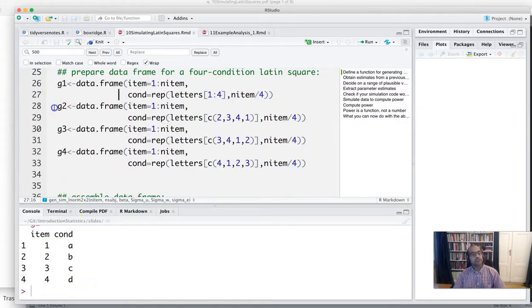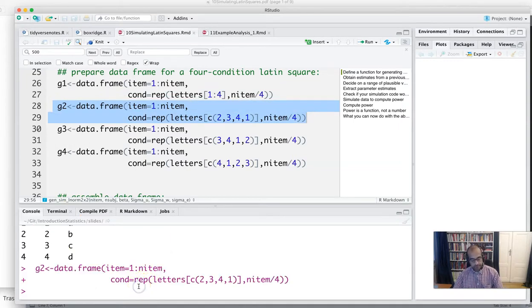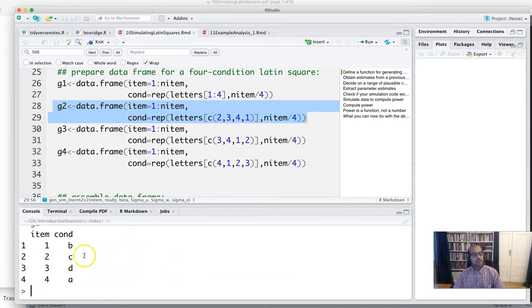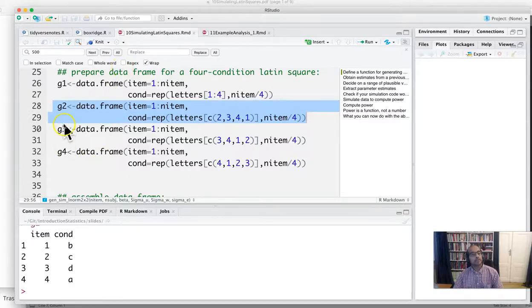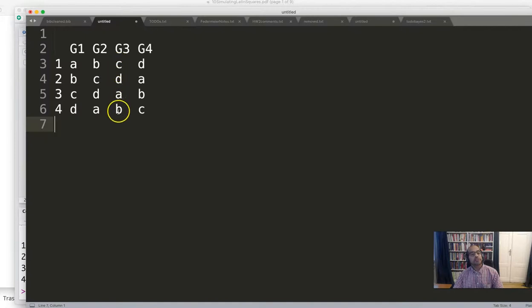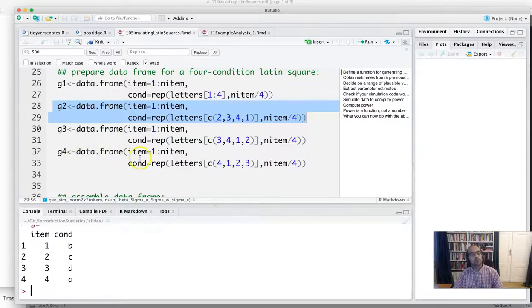G2 will produce the second column, so this contains BCDA. The third command, G3, will produce CDAB, and the fourth one will produce DABC. So that's what these 4 things do.